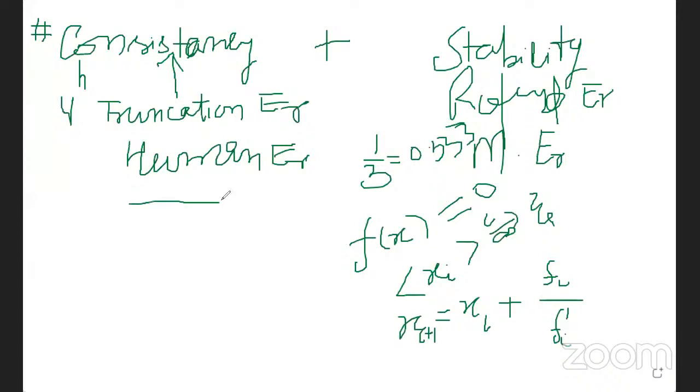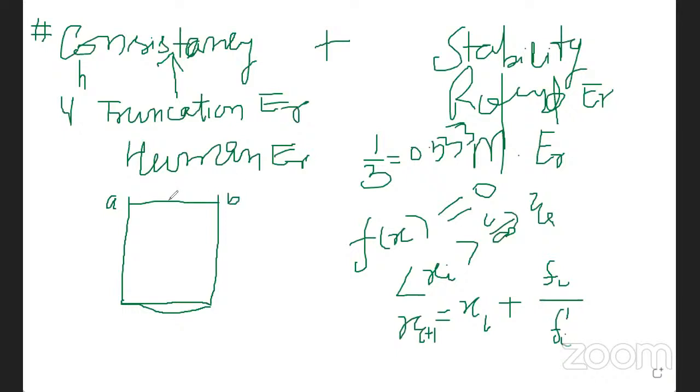Basically, the first thing we are doing is approximating the continuous. When we are discretizing, suppose A to B is our domain.